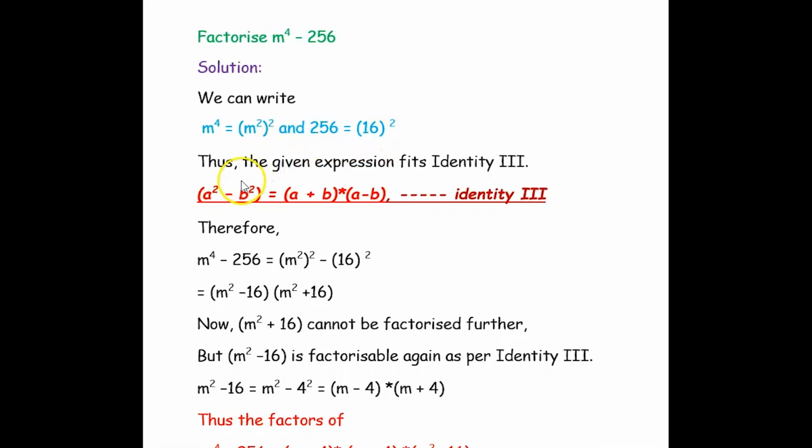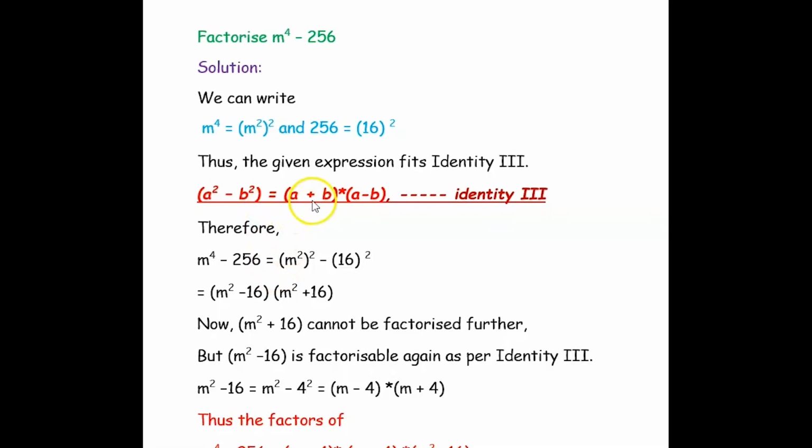Now we compare this with the identity which fits it: a square minus b square equals a plus b into a minus b. That is identity 3. So m to the power 4 minus 256 can be written as m square whole square minus 16 square, and it suits our identity.